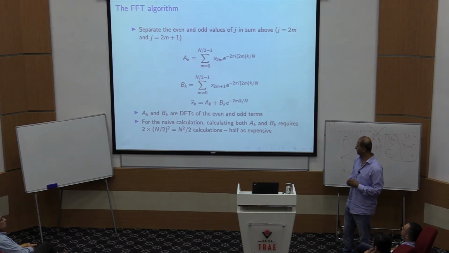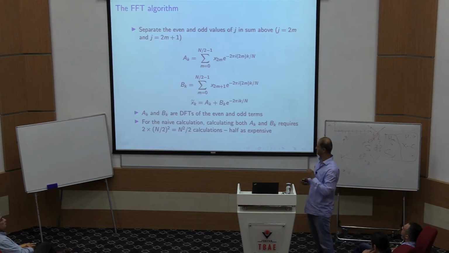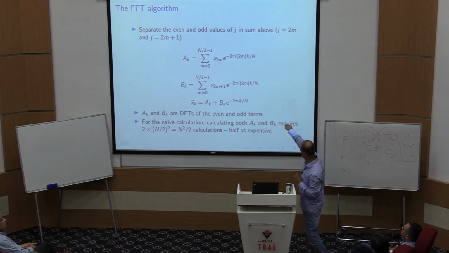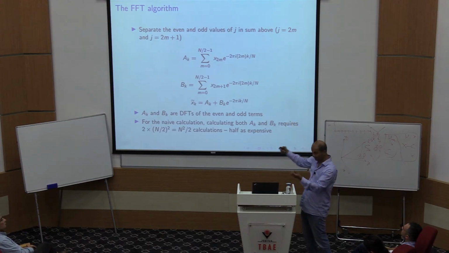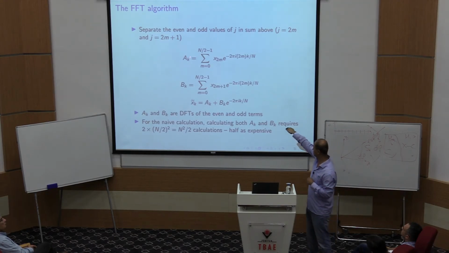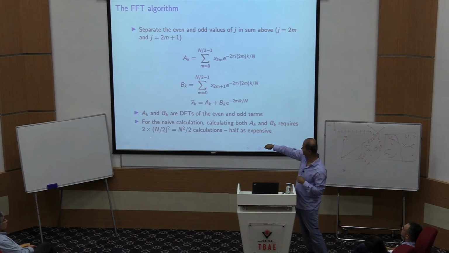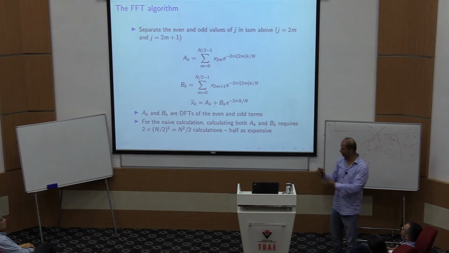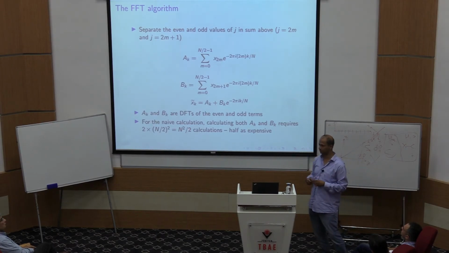But the important thing now is the following. To compute this is order n squared, of course, but here it is n by 2 squared because you just have half as many terms. So you get n by 2 squared, and you have to have both of these. So the number of operations you have to do, if you do it this way, is n squared by 2.